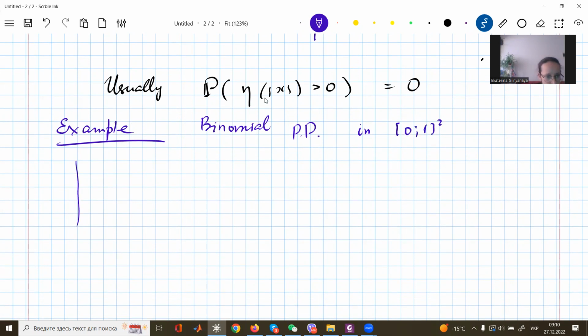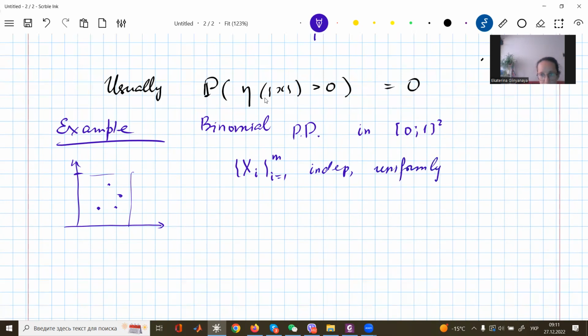So I have, on the square in the plane, some random points x_i, i from 1 to m, independent and uniformly distributed on [0,1]^2. So I have such a simple point process.